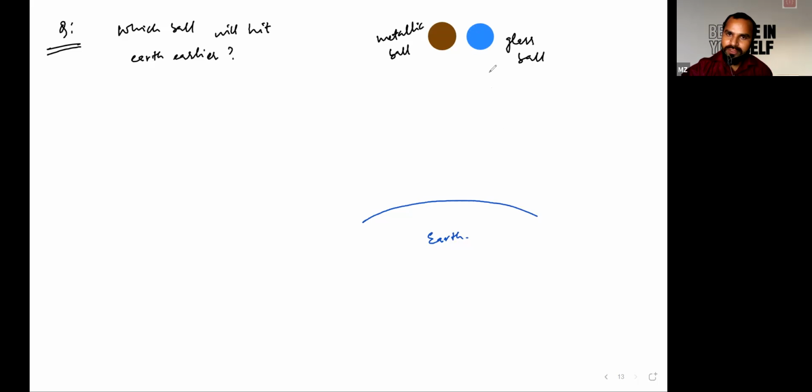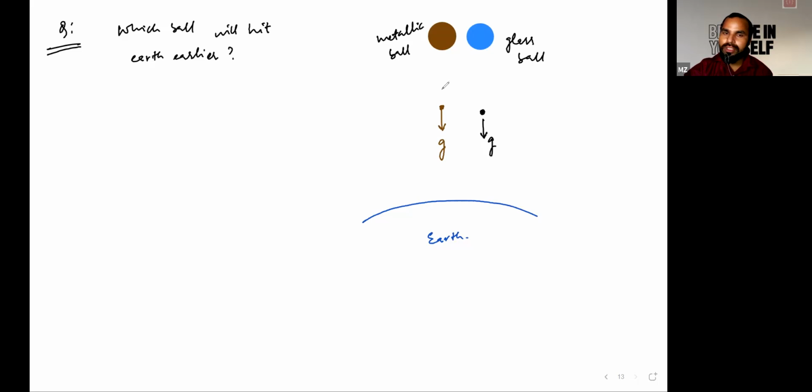Okay. Suppose for this glass ball, there would be just one force, which is gravity. Due to gravity, it would fall downward. But in the case of the metallic ball, it would descend by gravity, but on going downward, a magnetic flux would link this metallic ball. Since we have a vertical component as well as a horizontal component, two different components of earth magnetism, it will be affected by the vertical component.